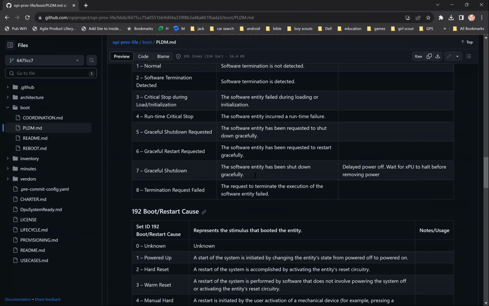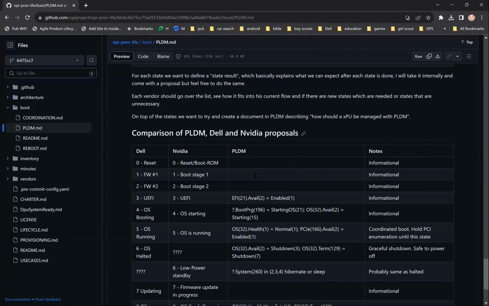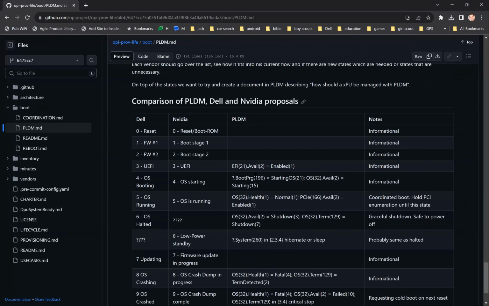All right. Okay, so I added it here at the bottom. If you look, it's going through the Dell proposal, the NVIDIA proposal, and what might be possible with PLDM. And also here in the notes, there are a couple of states that are really important, and the rest of them are informational.